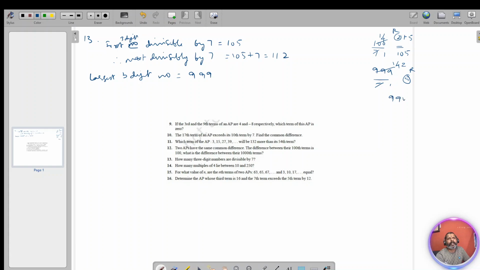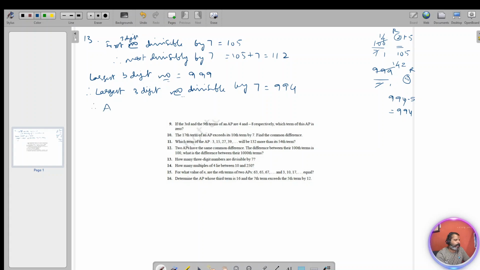Means 999 minus 5, 994 will get cancelled properly. Therefore, the largest 3-digit number divisible by 7 is equal to 994.